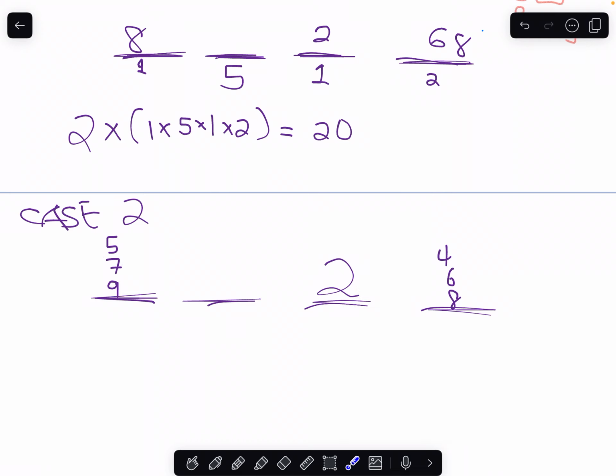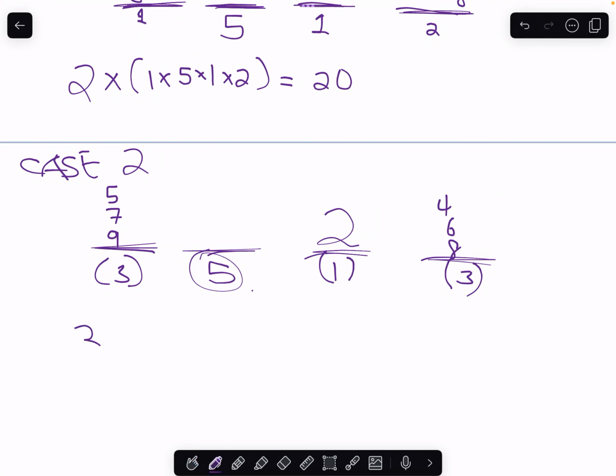Another number gets used up here, and another number gets used up there. So again, there's 5 options over here. So 3 here, 1 here, 3 here. So that will be 3 times 5 times 3, which is 45.